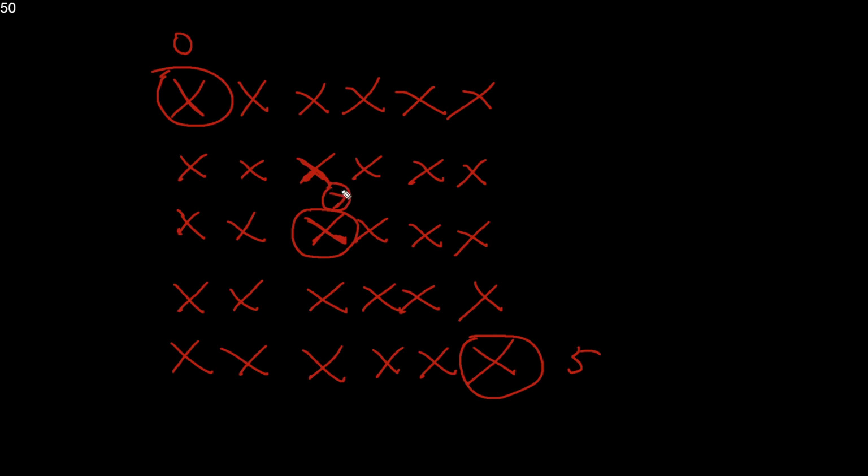So this is how the minimum spanning tree works, right? Basically, by the time we have connected 0 and 5, the minimum spanning tree is completed.